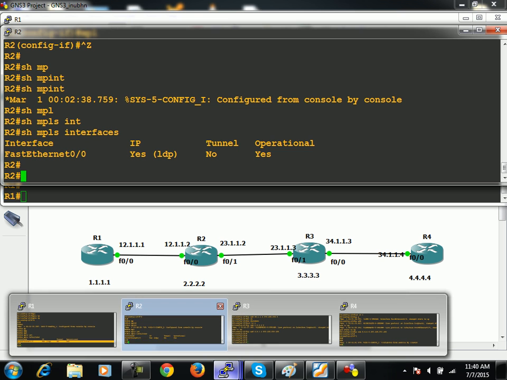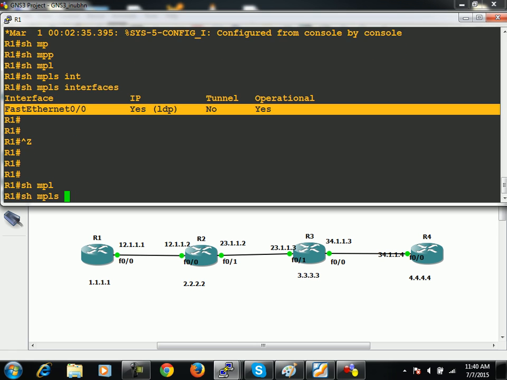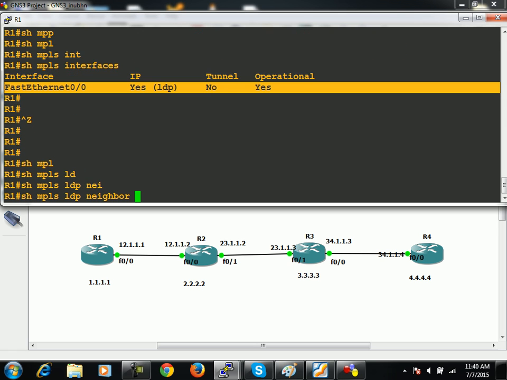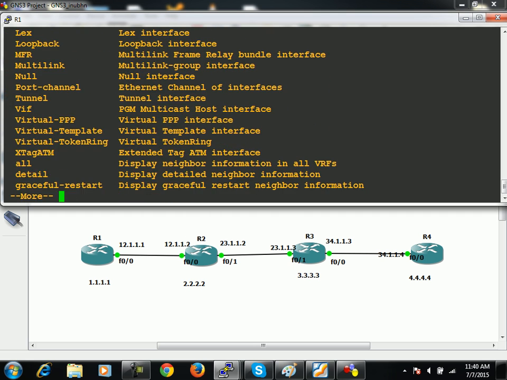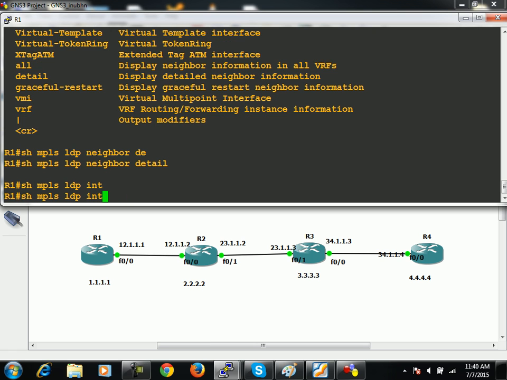How do we see the routing? On R1, show MPLS LDP. Sorry, not neighbor, LDP.